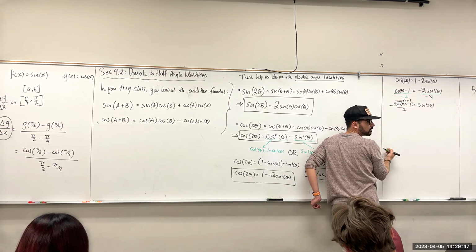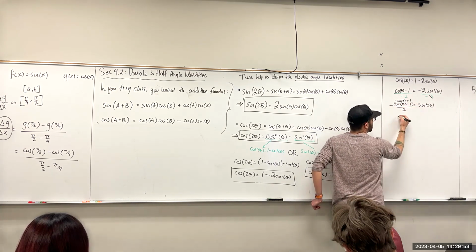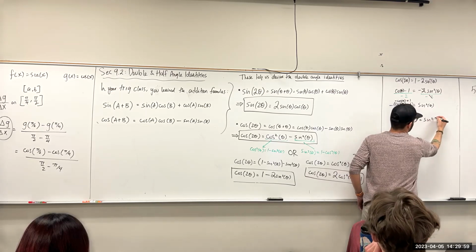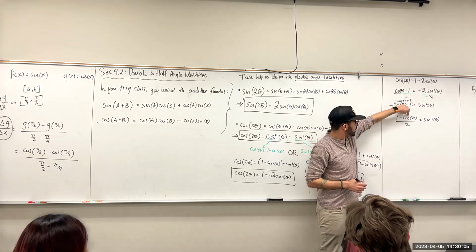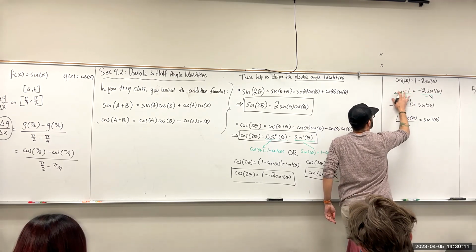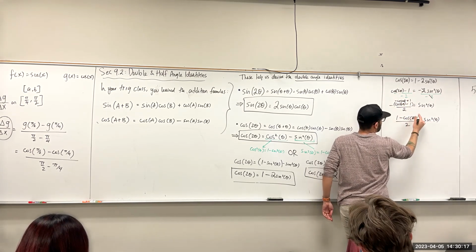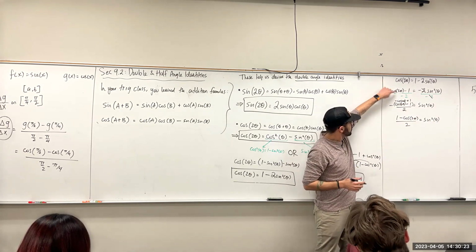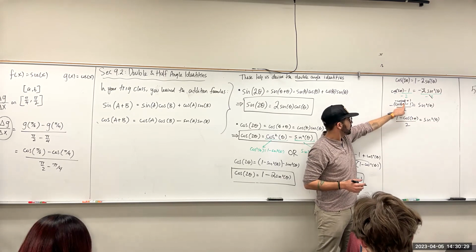That 2 is still there, but basically I can rewrite it like this. I didn't want to just skip to that part because that's confusing. So this negative goes on top, which distributes to these terms. So then I get negative cosine 2 theta, and then I get a positive 1.